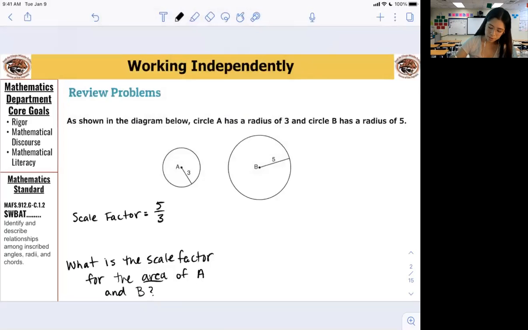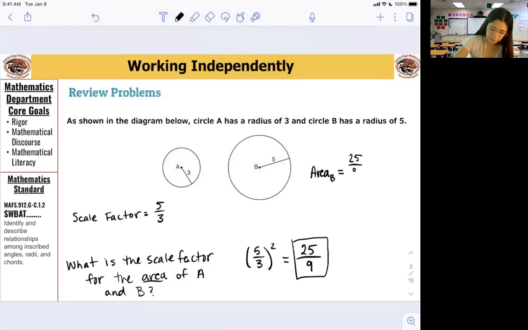It would. So the scale factor for the area would be 5/3 squared. But what does that equal? There you go, 25/9. So the area of circle B would be 25/9 times the area of circle A.